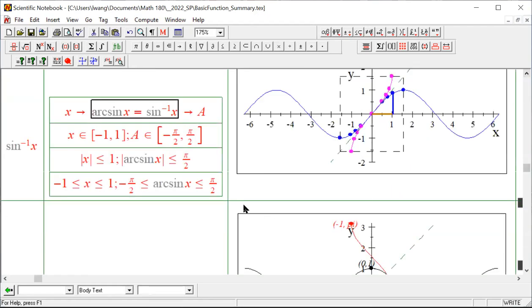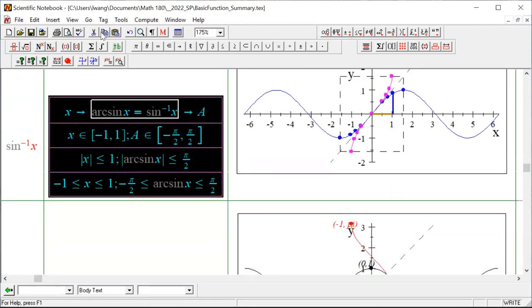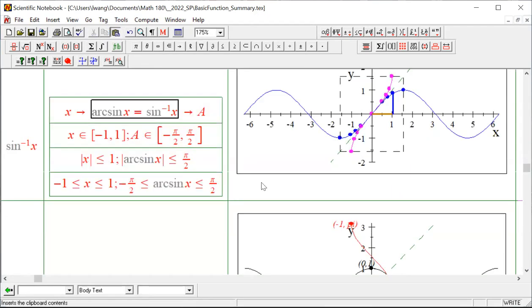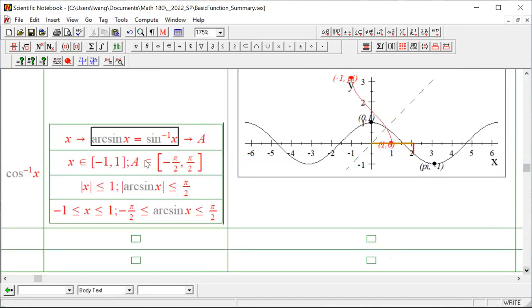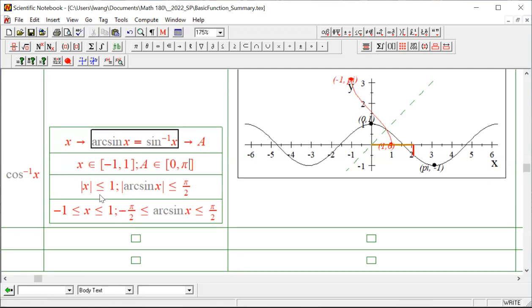And let's see the domain and range. I'm going to use a comparative way to show you. Domain is the same, but range is not: from 0 to pi. Okay, domain the same for arc cosine. Its absolute value form is this.